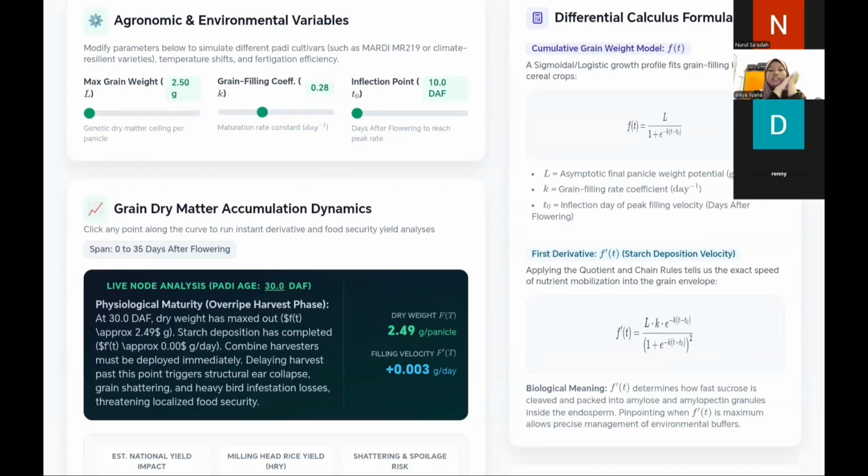By bridging pure mathematical calculus with agronomic reality, we can empower agriculture officers to make data-driven decisions and protect Malaysia's food bowl.